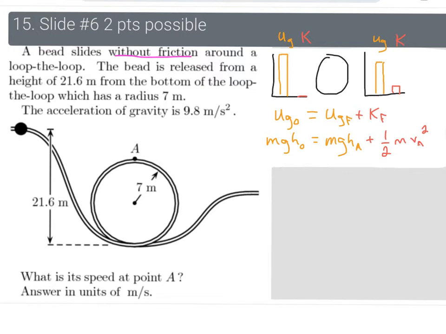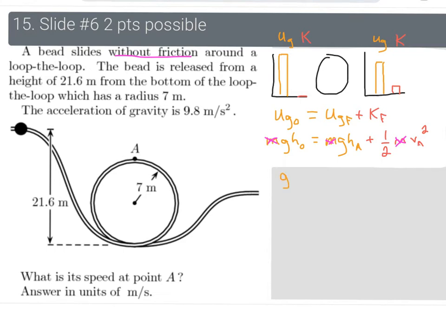So we should notice pretty quickly here that the mass of the bead doesn't matter. In fact, they just said it was a bead. They didn't even tell us what the mass of the bead was, because mass is going to reduce out. It's going to go away. It'll cancel. So we can go ahead and clean up our equation a little bit. And I'm going to go ahead and move like terms over to the same side.